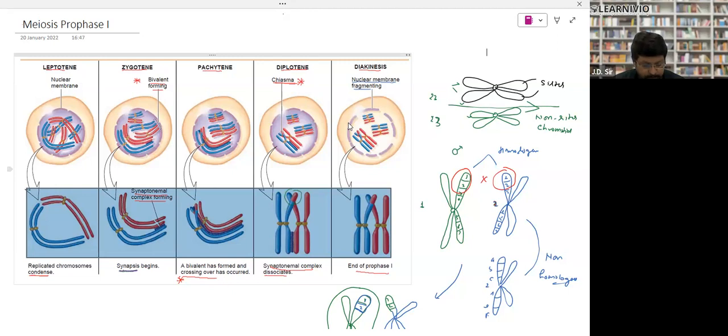Full stop. They are called homologous chromosomes.